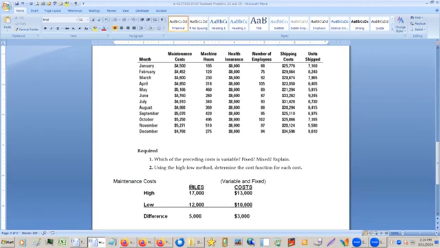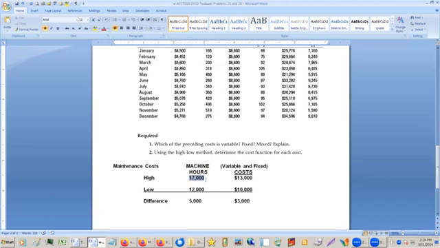It's gonna be by machine hours. All right, and so we have to get the high and the low.